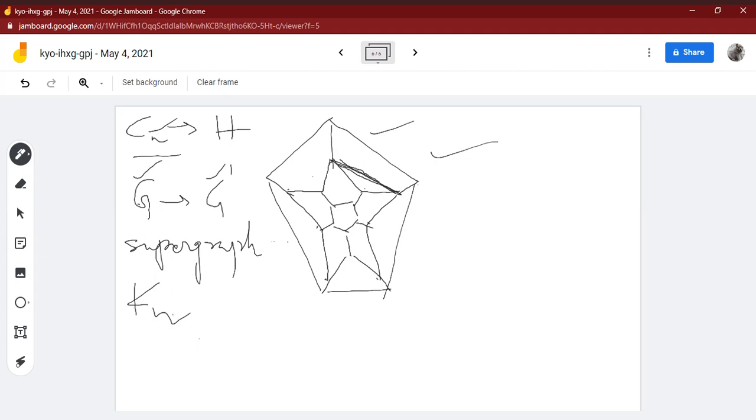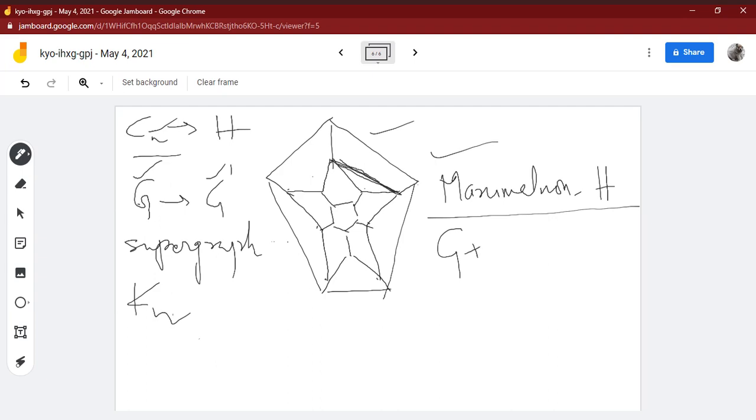Now, there are a few definitions. It's called maximal non-Hamiltonian. A simple graph G is called maximal non-Hamiltonian if it is not Hamiltonian, but the addition to it of any edge connecting two non-adjacent vertices makes it Hamiltonian.